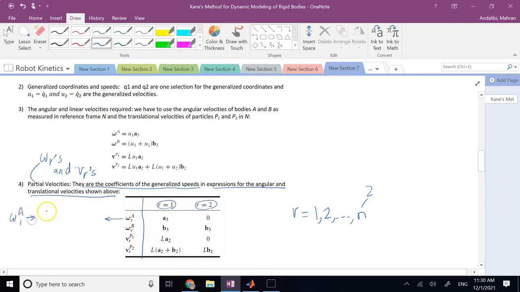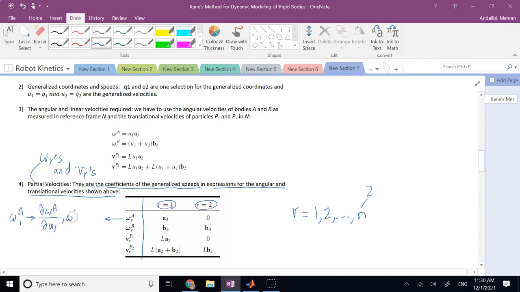It means the coefficient of generalized speed 1, which is U1, in omega A. So you can also write it as partial derivative of omega A with respect to U1. Right?